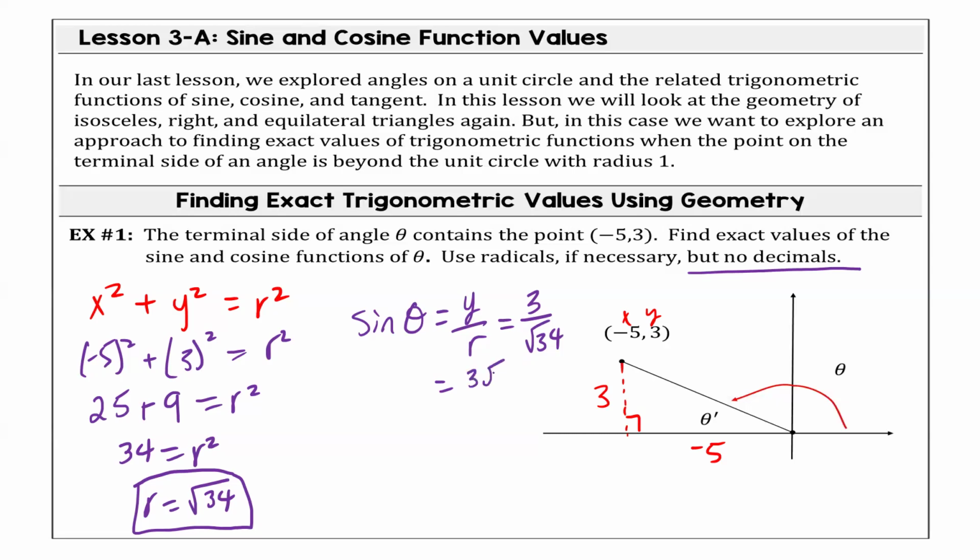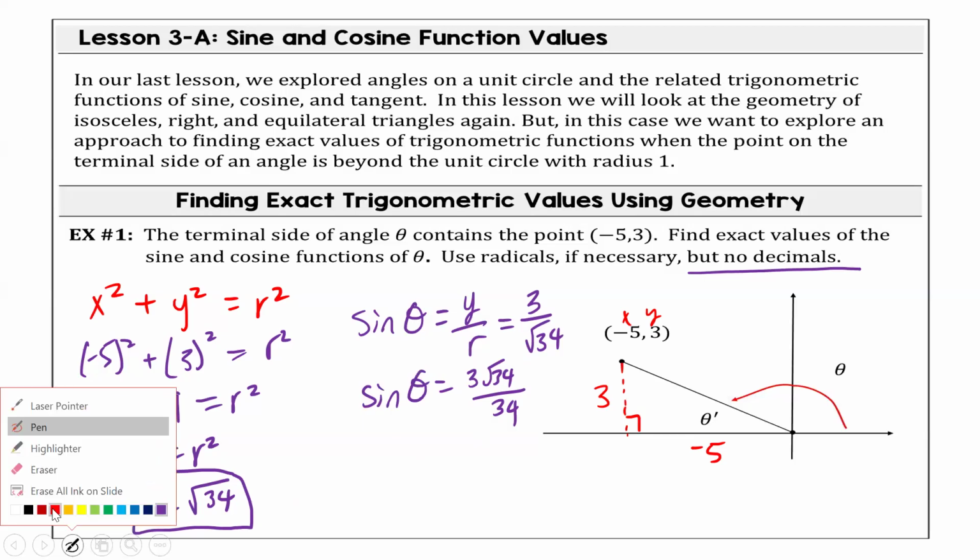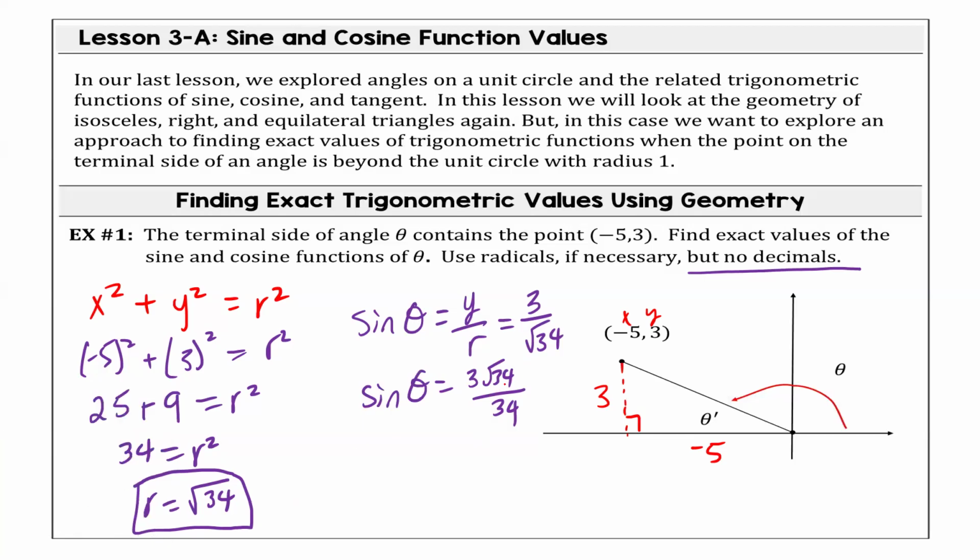So it becomes the square root of 34 over 34. That's our proper way of writing it. I didn't add an extra 34. I multiplied the numerator and denominator by the square root of 34. You multiply by the radical.